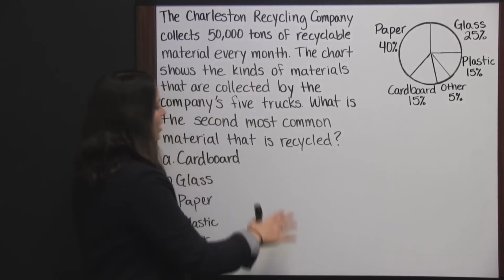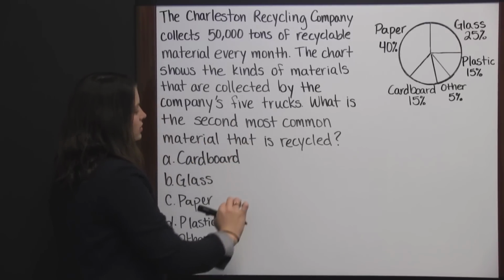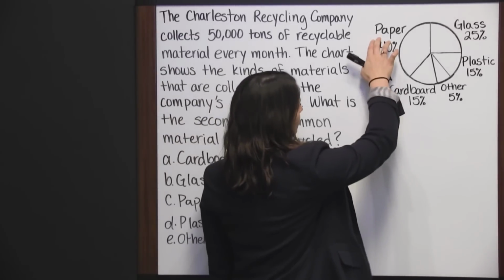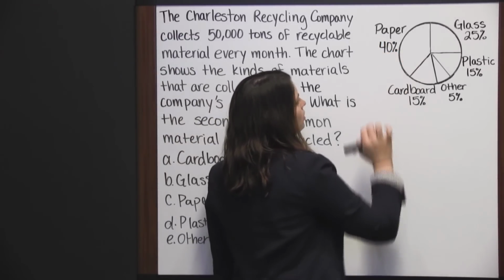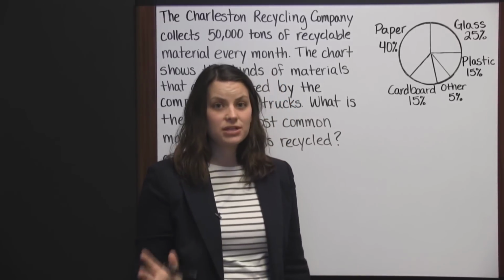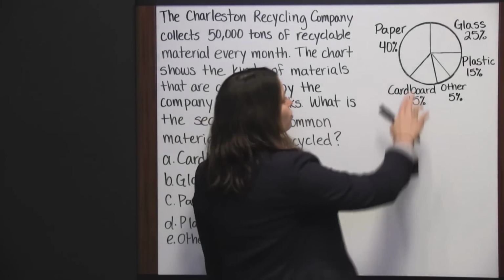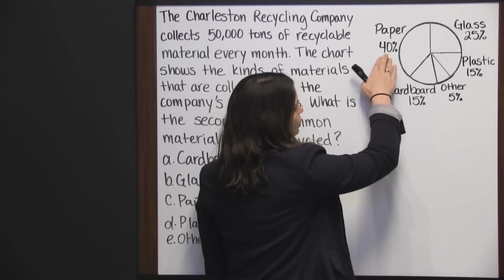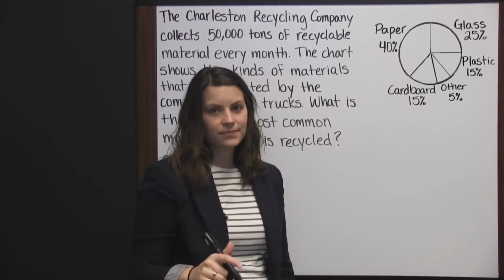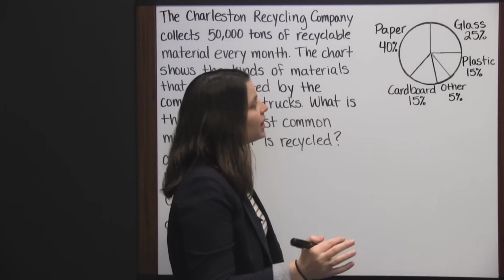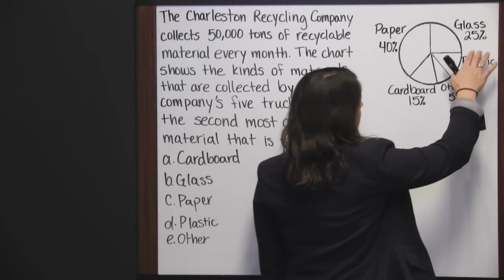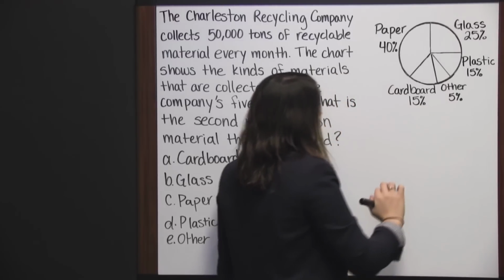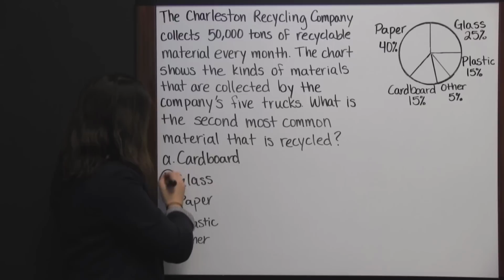So in this case, they're asking what the second most common material is. And we can see that paper is the most commonly recycled material. It has the largest slice of the pie, and thus the largest percentage. So the second most common recycled would be glass at 25%. B.